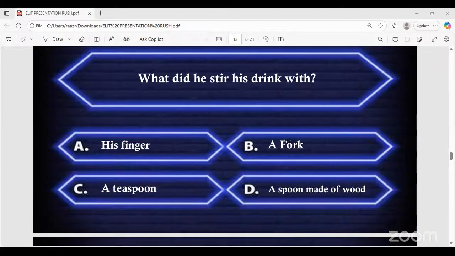Okay, the correct answer is, shall I reveal the answer? Okay, C, a teaspoon is the answer. Now let's see who gave the correct answer. Umar Naushad, correct answer. Raima gave the correct answer. And Athaitul and Hanasiam.